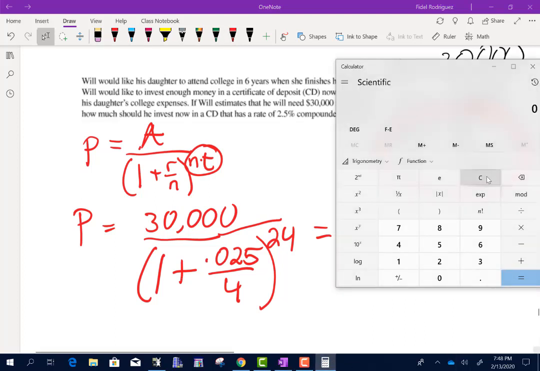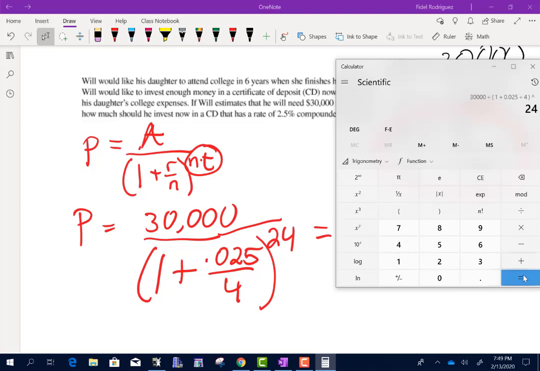Okay. So, just like we did before, guys, this is a straight plug and chug type problem. Okay, let me clear this out. I'm going to type it in exactly as I see it. So 30,000 divided by, look what we have. We have parentheses, so let's use parentheses. 1 plus 0.025 divided by 4, close my parentheses, and I'm going to raise that, again, that's my exponent button, to the power of 24.